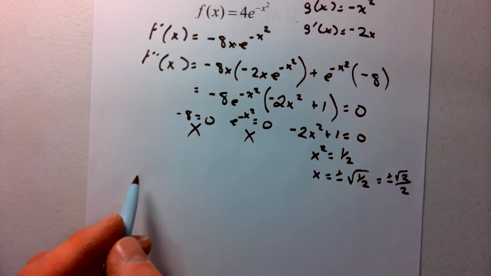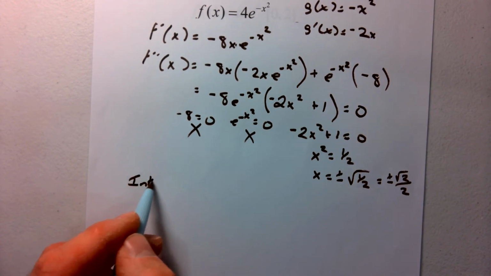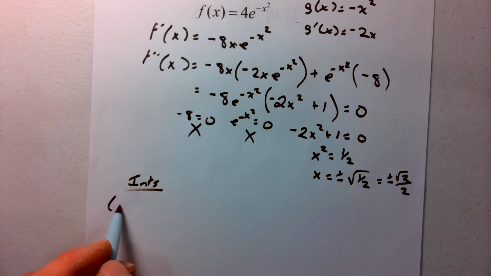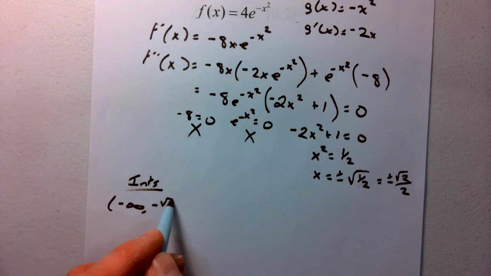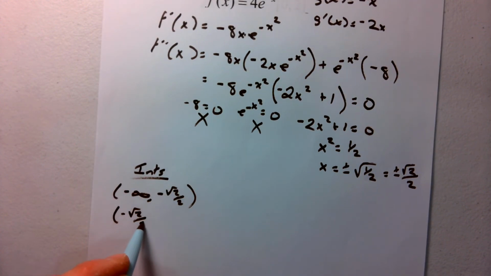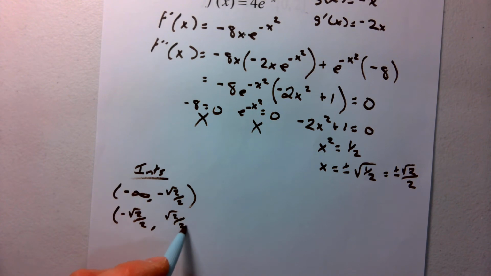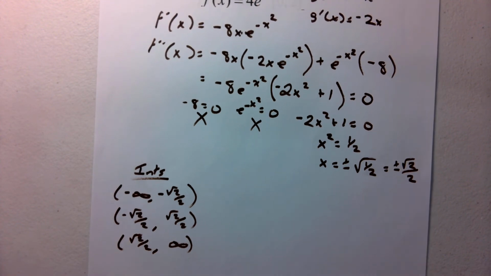So for our concavity and points of inflection, we're going to go ahead and do our interval charts. We're going to go from negative infinity to our first critical point, which is negative radical 2 over 2. We have negative radical 2 over 2 to radical 2 over 2, and radical 2 over 2 to infinity. You may need to approximate the square root of 2 over 2.